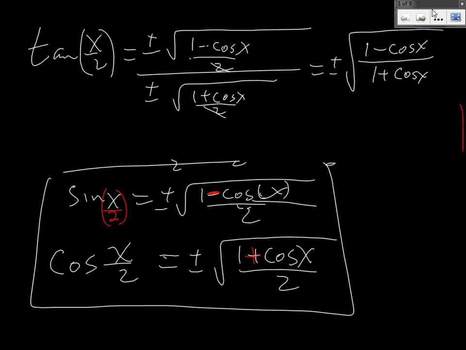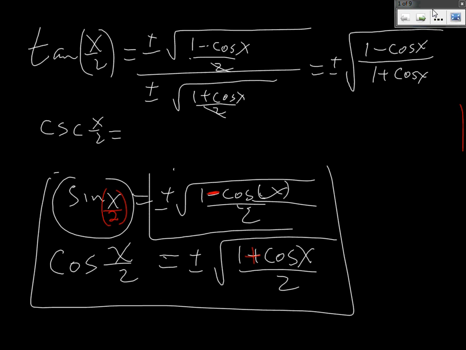Now I hope that you see how easy it is to get the reciprocals of these, the other functions. For example, the cosecant of x over 2, which is the reciprocal of this, is going to be plus minus the square root of 2 over 1 minus cosine x.